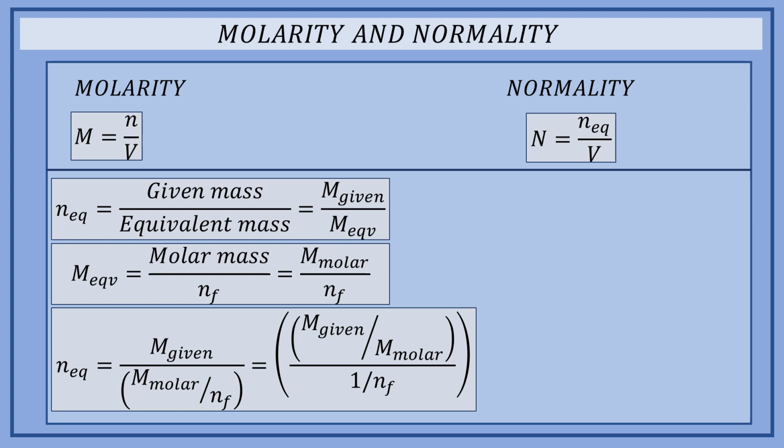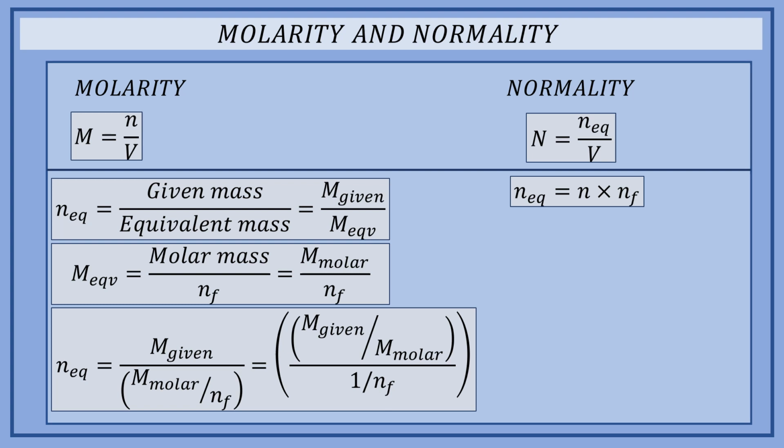Now, given mass upon molar mass is nothing but the number of moles, and hence the number of equivalents can be written as n times nf, isn't it? Here we have found the relationship between the number of equivalents and the number of moles. Now all we have to do is substitute this relationship into the formula of normality.